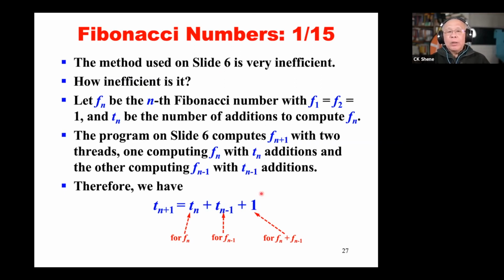So whether your program is written in a sequential way, computing Fn first, followed by Fn-1, the total number of additions is still this. So the next step is, let's figure out what this number is.